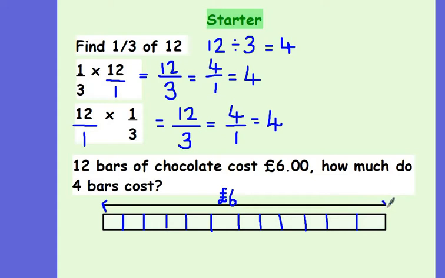There it is. If I want to work out what the cost of 4 of them is, I know that I've got 1, 2, 3 lots of 4.